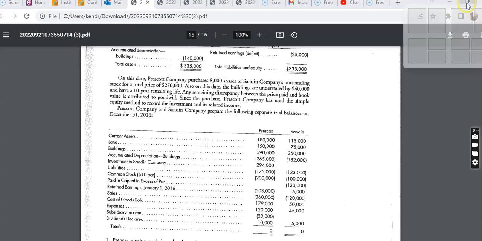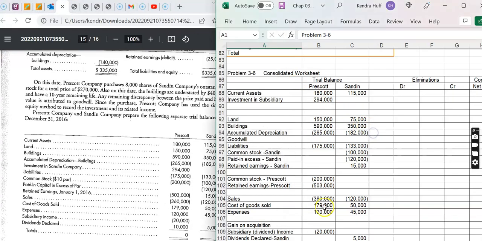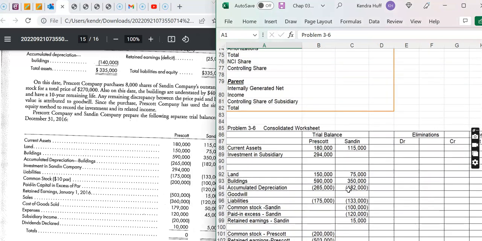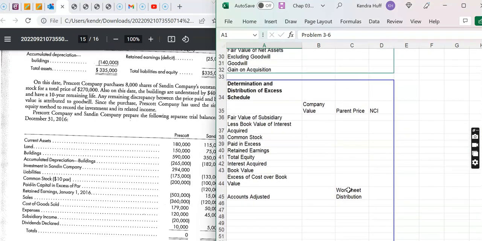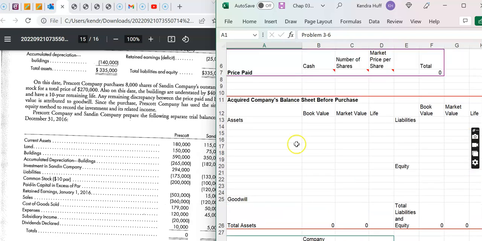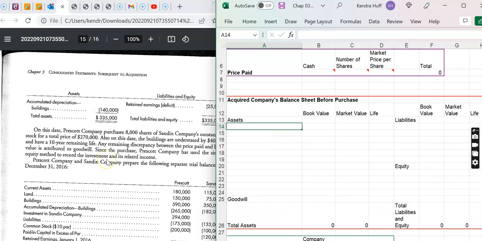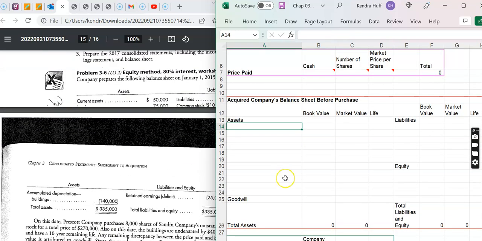All right, let me make this smaller. I already have this going. I'm going to go ahead and type this in since I don't have it all here. So we kind of have it. Current assets. Land, building.